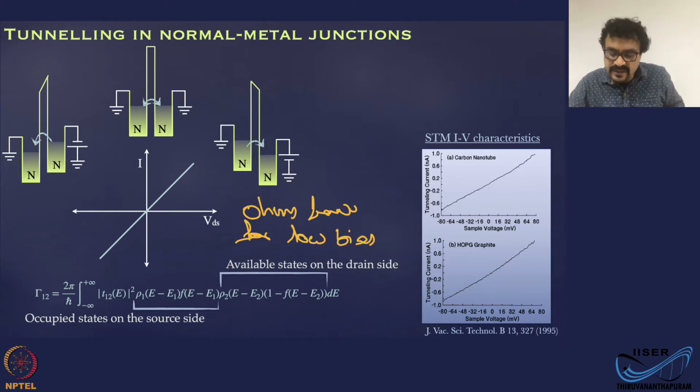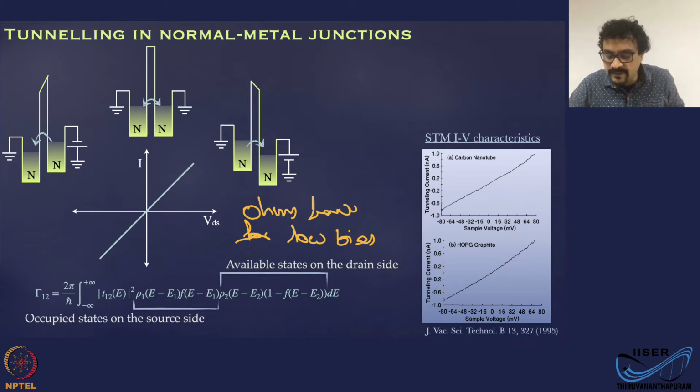And that's what you are seeing here in this experiment, described in this paper, where you have an STM tip on a carbon nanotube, which is metallic. What you are seeing is that the current-voltage characteristic is nearly linear in the small applied bias range.